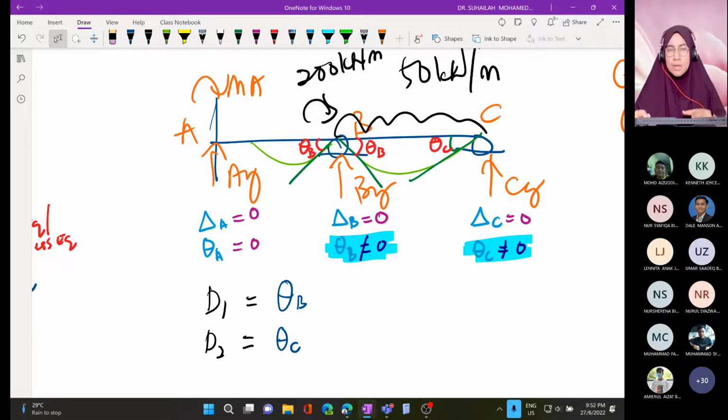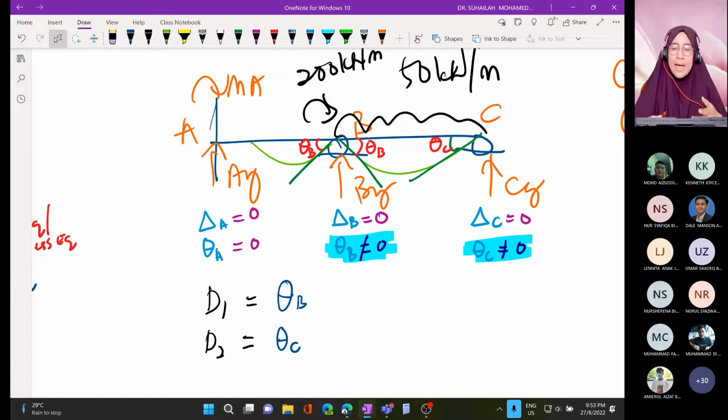Sebab dekat roller vertical displacement only 0, but not rotation. That's why bila kita draw tu, kita nampak dia punya curve tu. So yang kita nampak curve tu lah kita punya D1 and D2. This is the concept for beam.